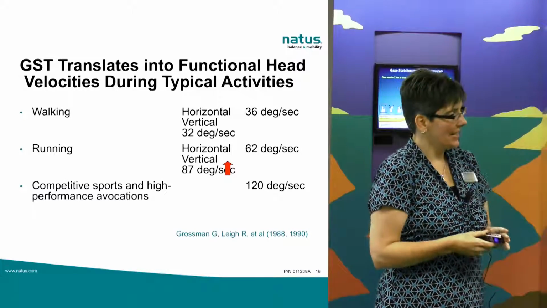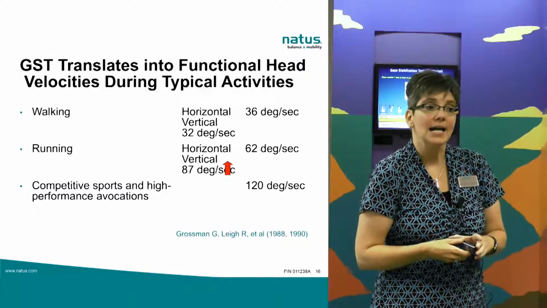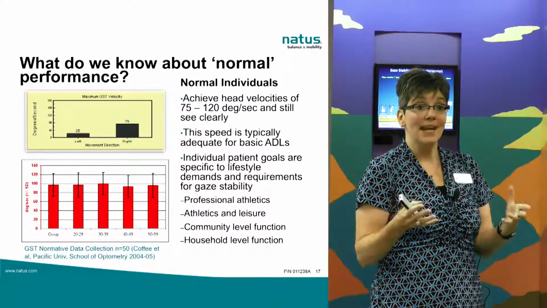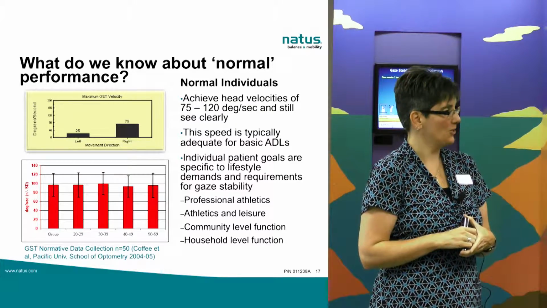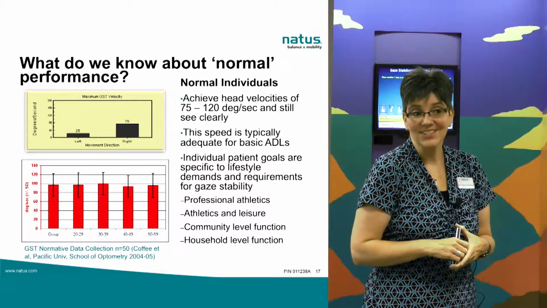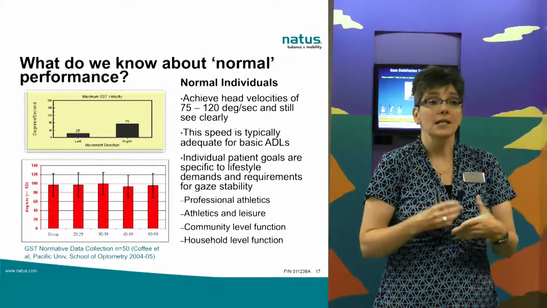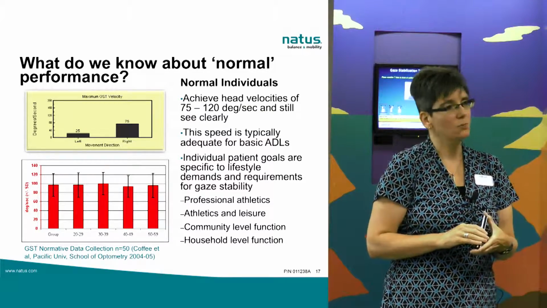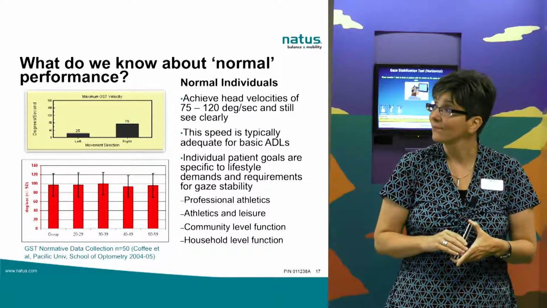The gaze stability test allows us to see how the patient might do during functional activities. We know from the literature that high demand sports require faster VOR speeds. We also know that the VOR is highly adaptable, trainable. So this is an interesting thought for patients that are doing high performance sports, sports injury management, and also sports performance enhancement.